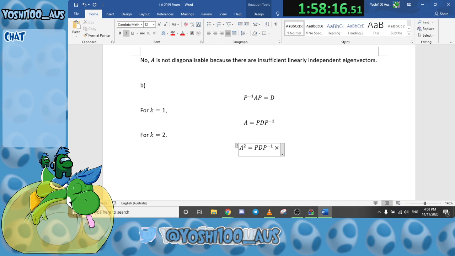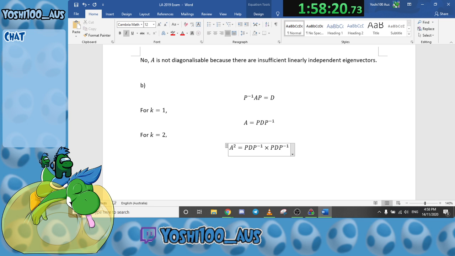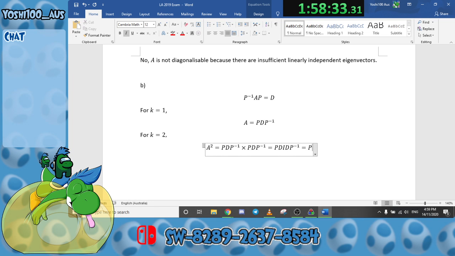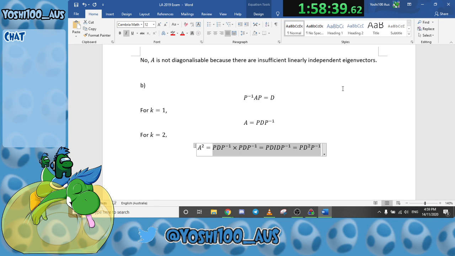And then you get P, D, I, D, P inverse, which equals P, D squared, P inverse. Okay? And then, just copy the process.